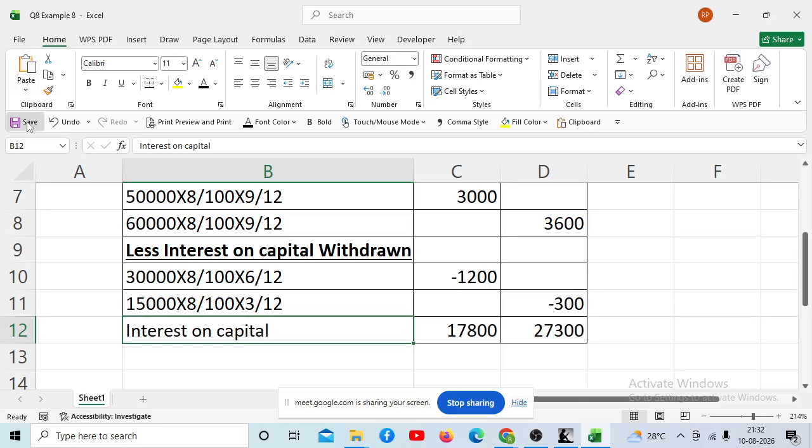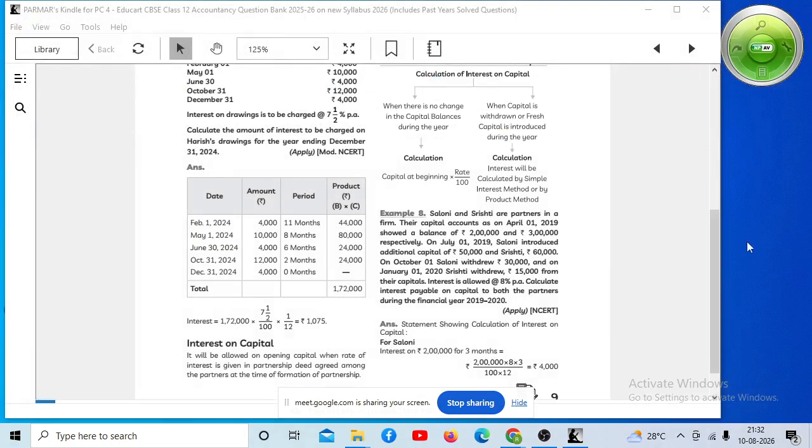So let us take the next question. The next question is also of this pattern only. That is example number 9. Okay, I will just read it first.